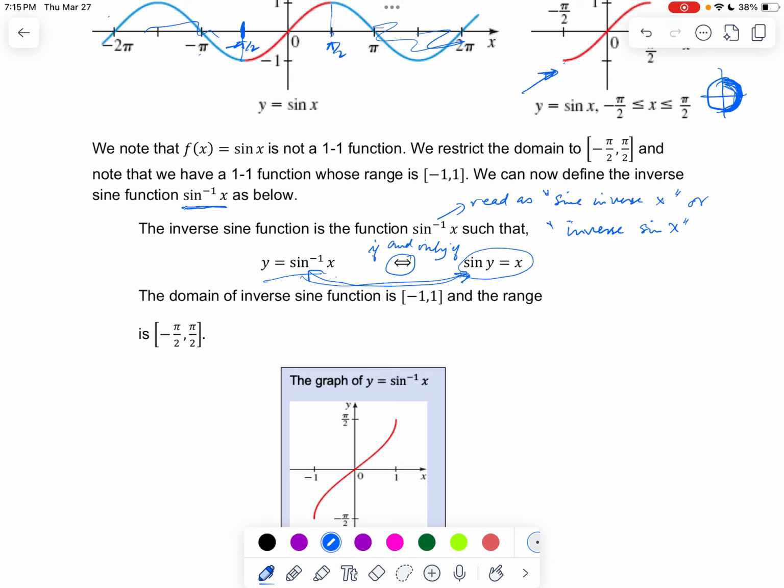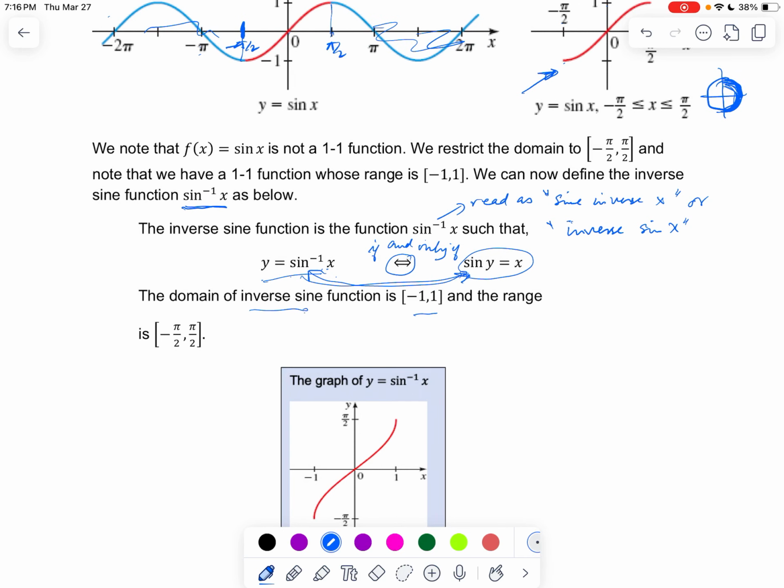It's like the conversion between logarithmic and exponential form. Here it is between sine and sine inverse. y is equal to sine inverse x if and only if sine of y is equal to x. The domain of the inverse sine function is going to be negative 1 to 1.